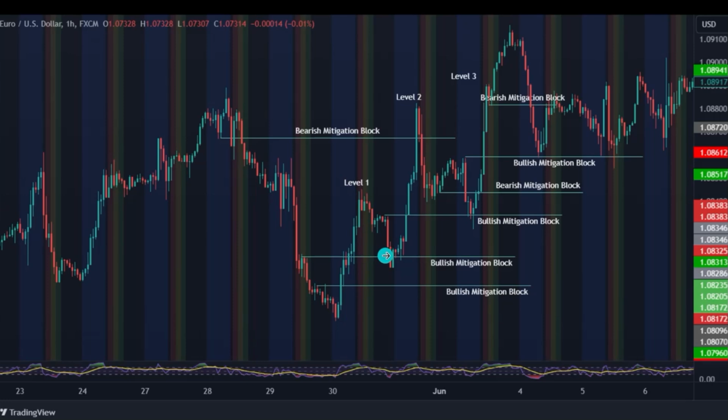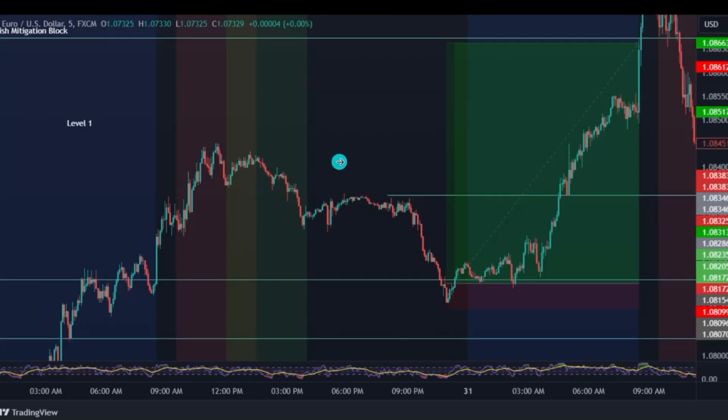But once we see this trade hit right here, this is where we want to enter on a smaller time frame. And then our next exit, our TP, will be at this bearish mitigation block, because as you see, there are no more mitigation blocks in the way on its way up to this mitigation block. So this is that trade on a smaller time frame.